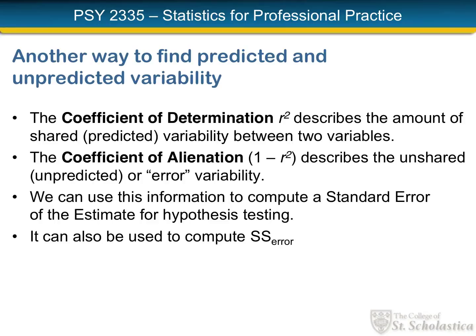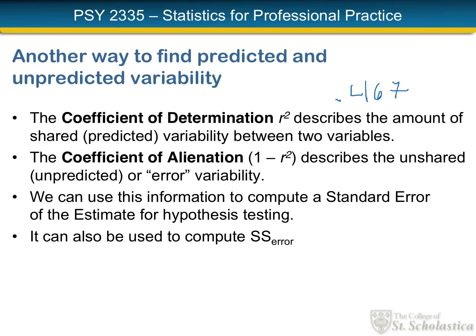The coefficient of determination is the term that we used to describe the proportion of shared or predicted variability between our two variables. And in this situation, we saw that it was 0.467 on the last slide.